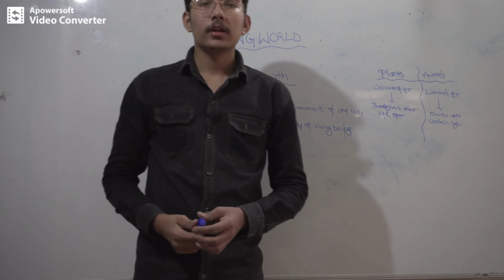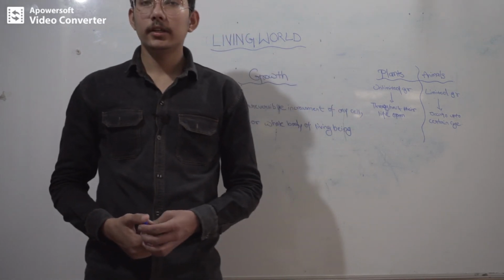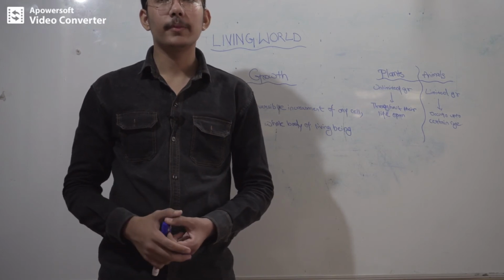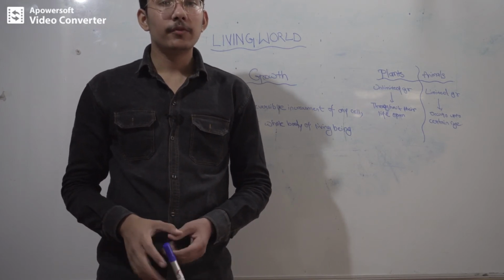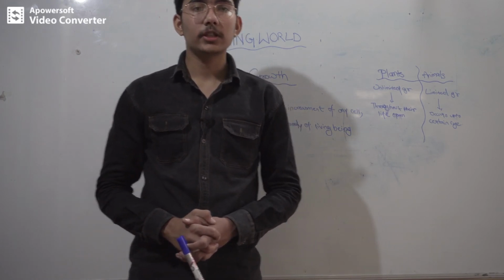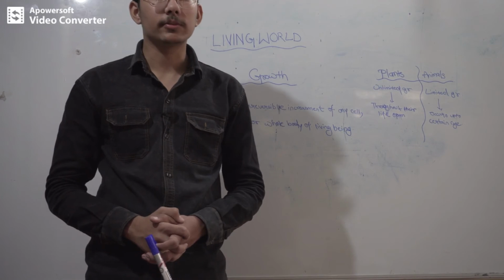Now, as we have studied before this, there are two constituents of metabolism which are responsible for the growth of any living organism. What are they? Anabolism and catabolism.